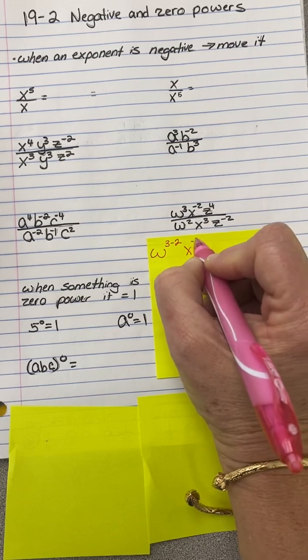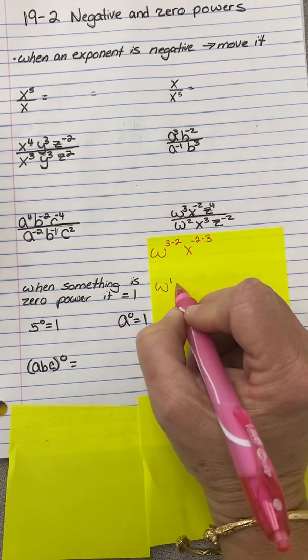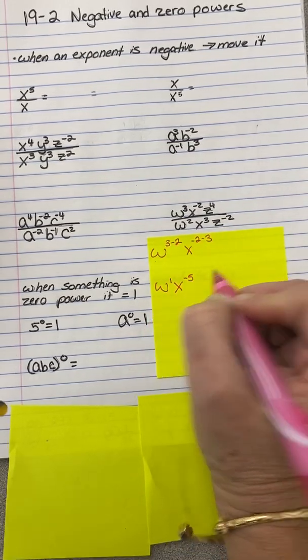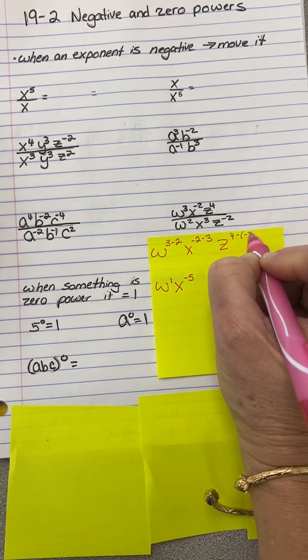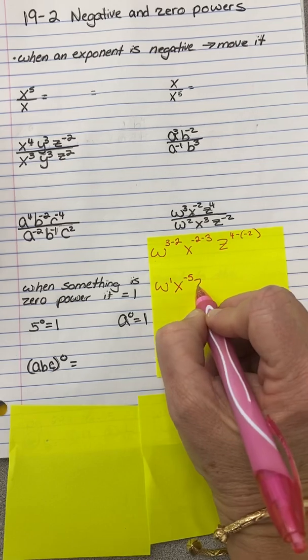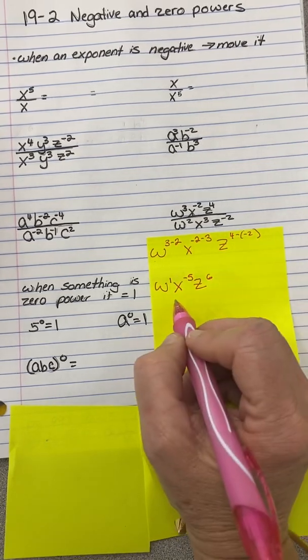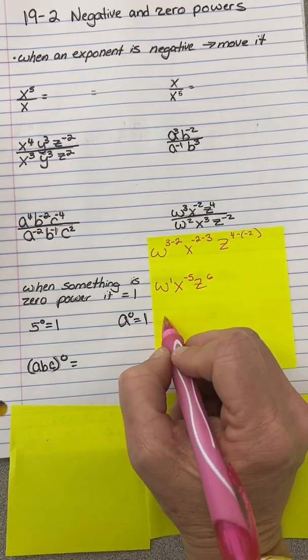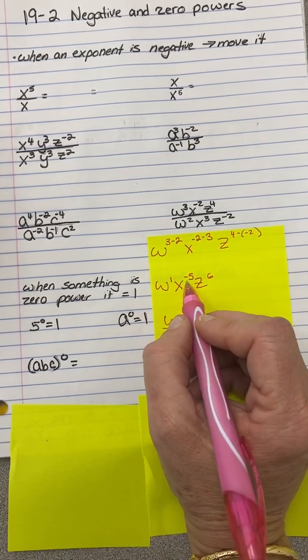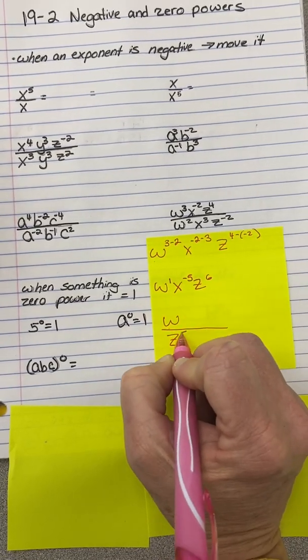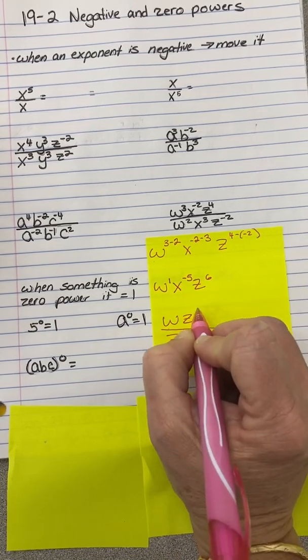X, you have a negative 2 minus 3, so that gets you x to the negative 5th. Z, 4 minus a negative 2, Z to the 6th. And now you're going to have to shuffle things around so that W stays on top because it has a positive exponent.